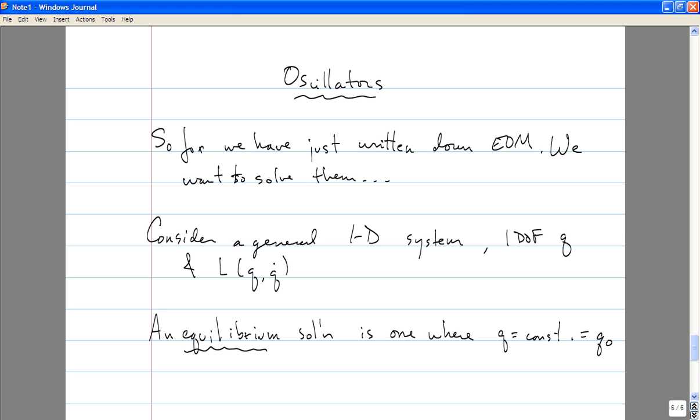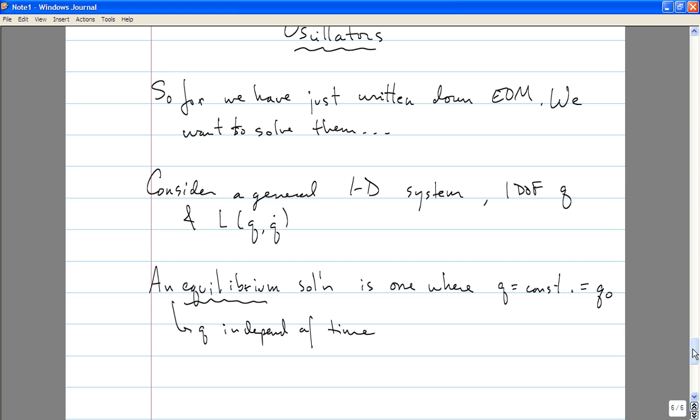Which is to say, Q is independent of time. So under what circumstances will a mechanical system have an equilibrium solution?